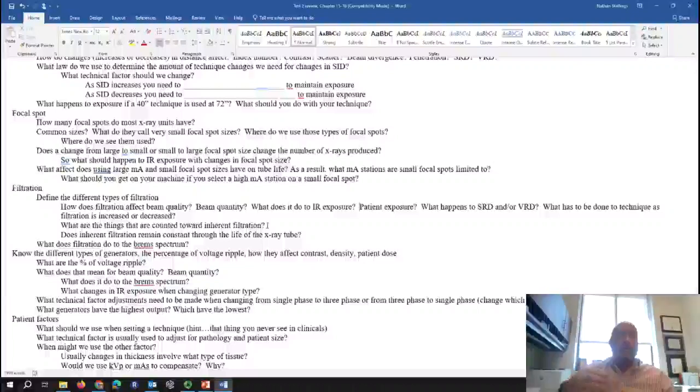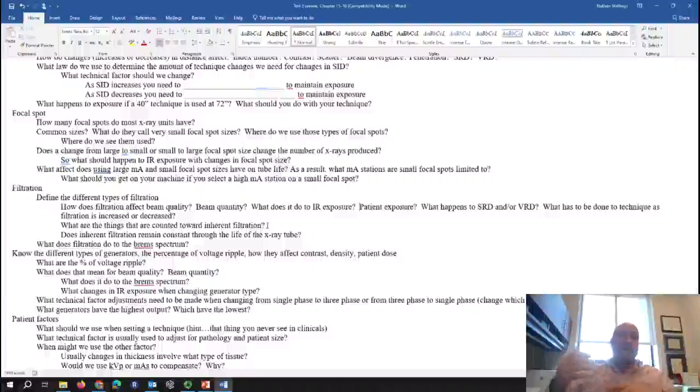So again, what that does is it eliminates more of the low energy photons, and it pushes our bremsstrahlung spectrum towards the high energy side, but we do lose some of the overall numbers. So we get a decrease in numbers. The height of the bubble goes down, but it pushes it towards the high energy side. And where the minimum energies are represented, it pushes those towards the high energy side as well. Remember, filtration is the only thing that affects that minimum energy of the x-ray beam.